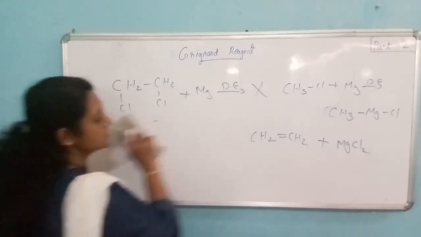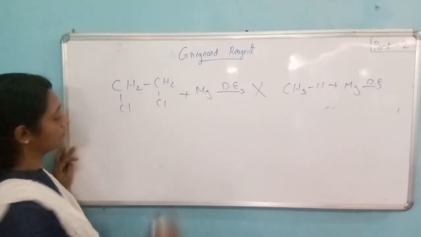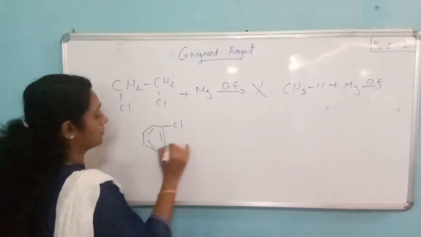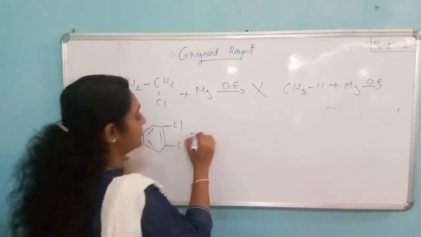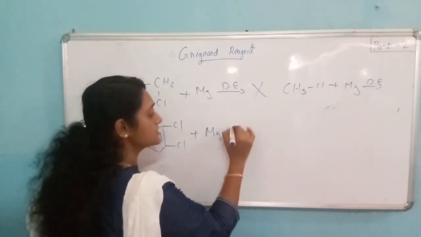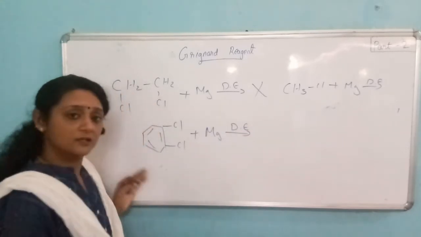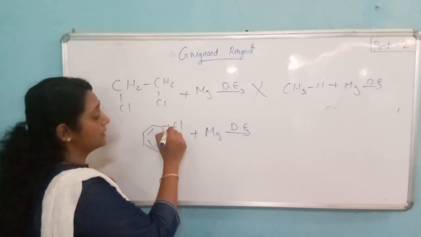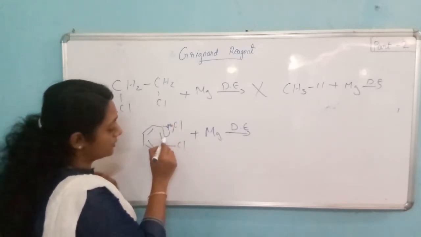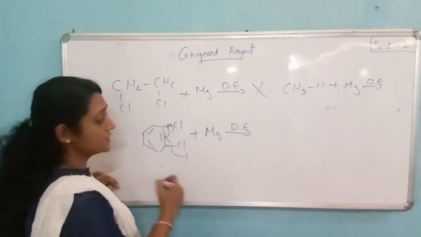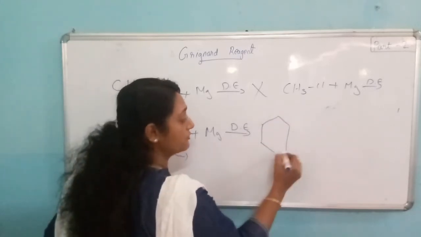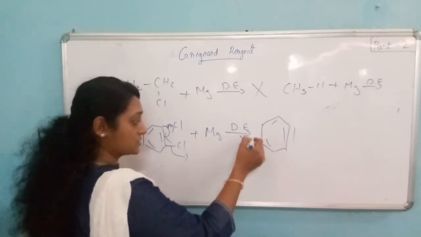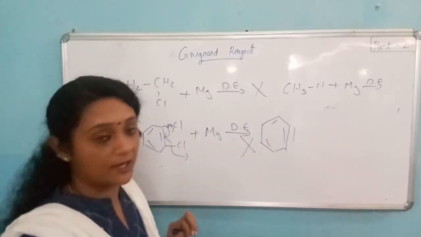Another example is a benzene dihalide reacting with magnesium in the presence of dry ether. The same mechanism: magnesium is inserted in between the carbon and Cl, then this bond comes here and Cl leaves, resulting in the formation of benzyne. So this reaction also will not give Grignard reagent.